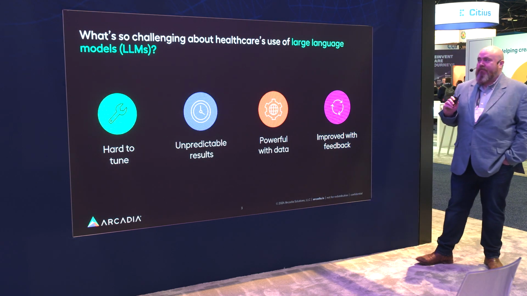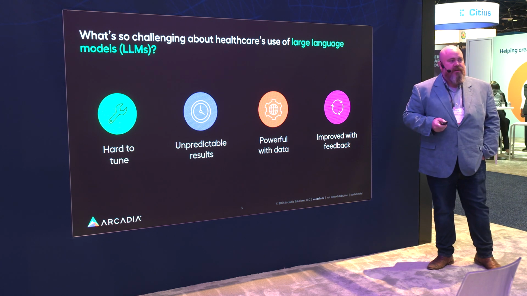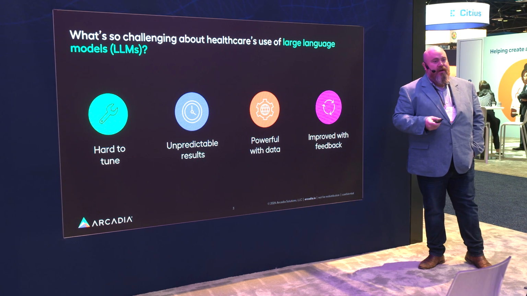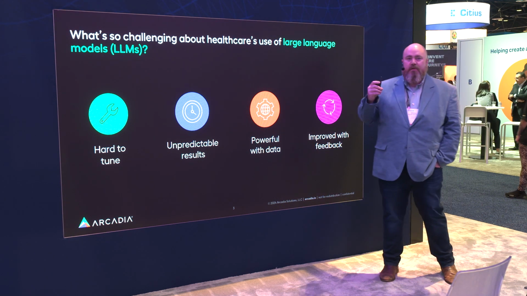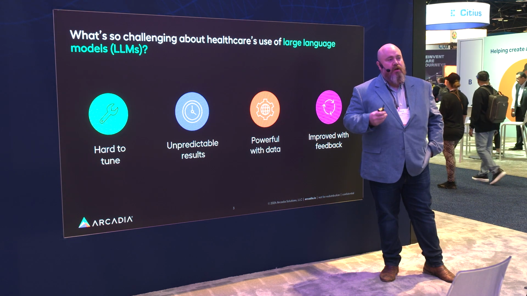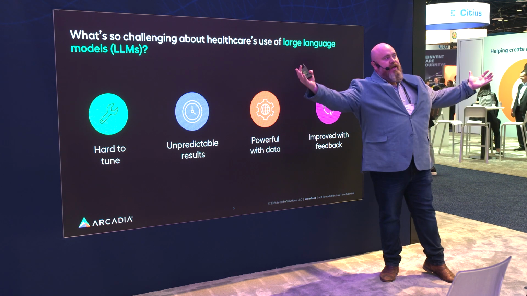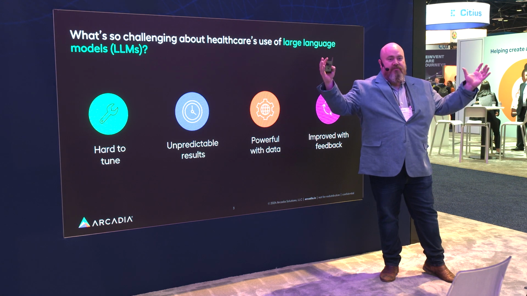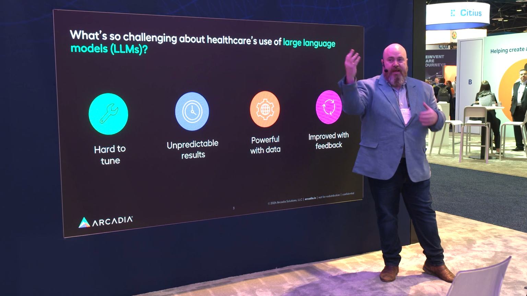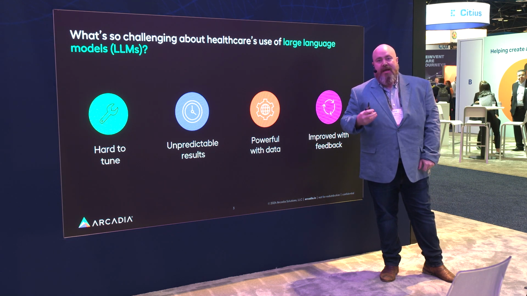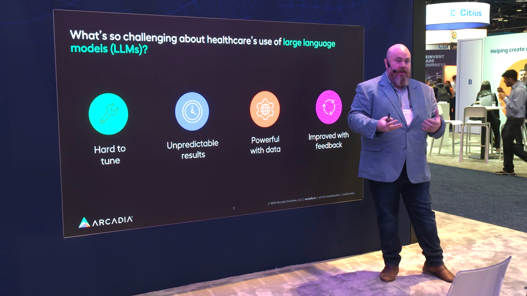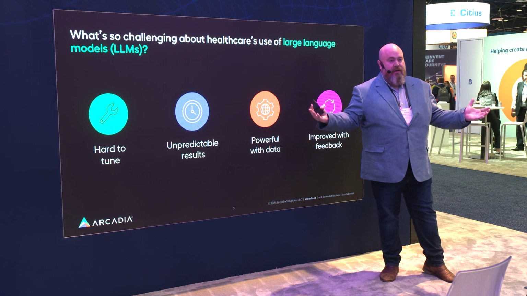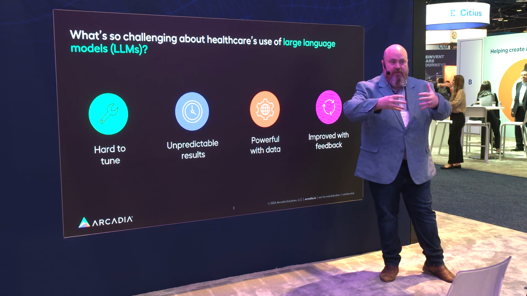So, what's so challenging about the use of large language models within healthcare? Well, there's four key things that we're going to talk about today. The first is that they're pretty hard to tune. A large language model is this giant neural net, this giant sea of facts, this graph of facts, weights in between those facts. And most of the models that are built today for general purpose have healthcare knowledge, but they also have a sea of outside knowledge that influences that information.